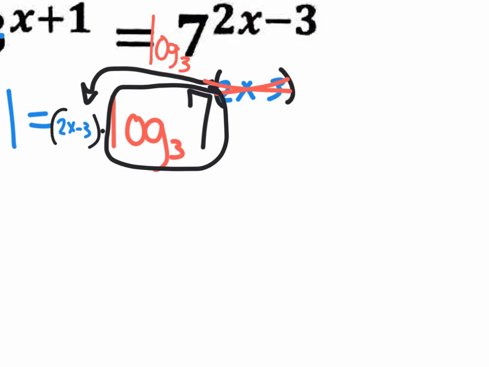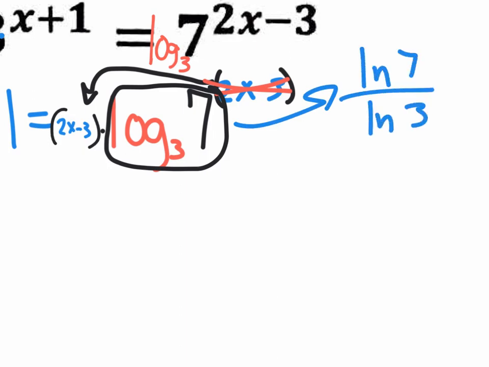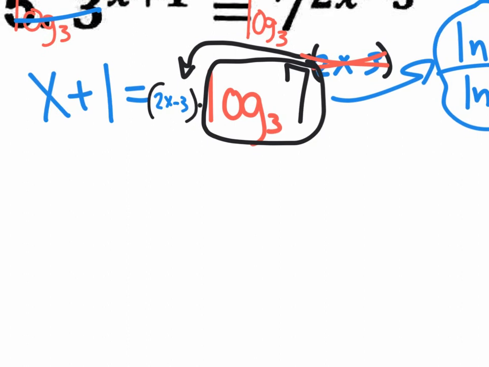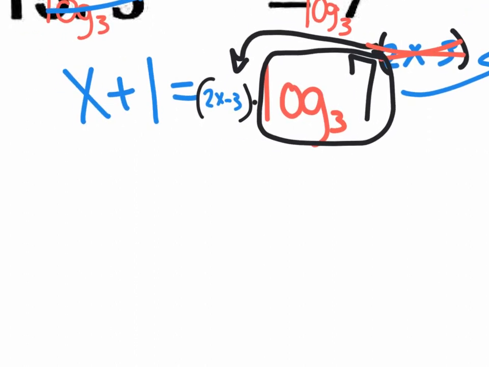So you could technically change it to ln of 7 divided by ln of 3, and that will give you a crazy irrational decimal. If you have the Casio, you could type log base 3 of 7 right in. Either way, you'll get this same answer.